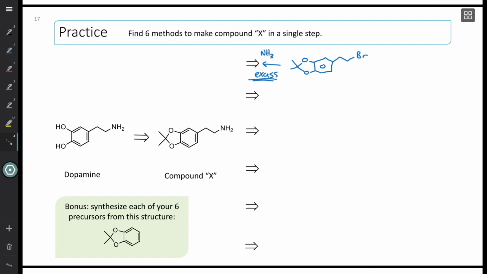Obviously, you're going to have to use reactions from the benzene chapter, from aromatic reactions, and you're going to have to use some carbonyl chemistry, right? So this was starting to pull in all of the different reactions that you guys know. So I'll post these answers on the slides as well.